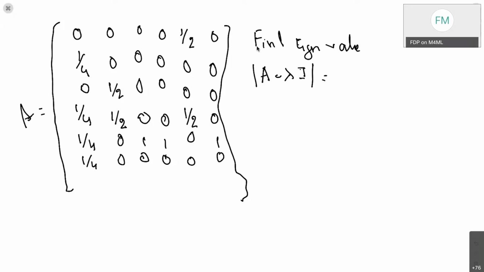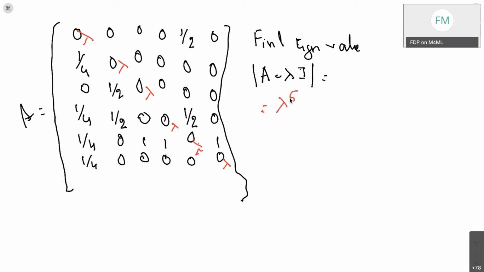Just replace this by lambda, because we are using identity, the diagonal elements will be lambda.